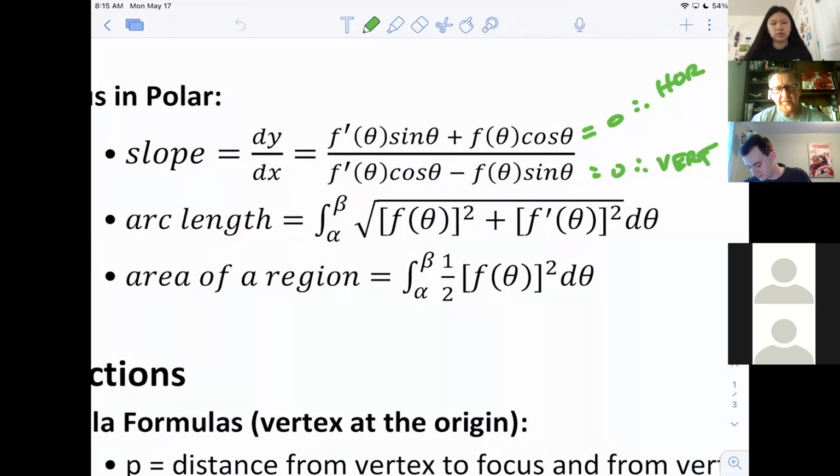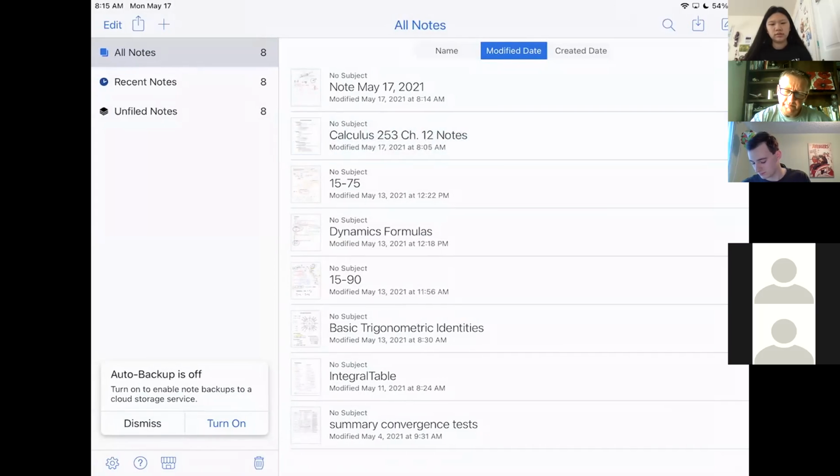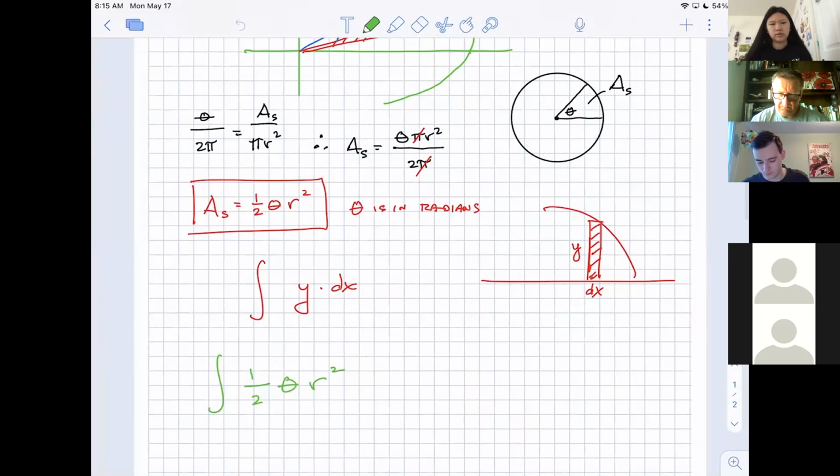What's the deal? That doesn't look quite the same. You need a d theta. So I see the 1/2, but then it was 1/2 times theta times r squared. What are your thoughts on that? The radius is not going to have a theta in it.